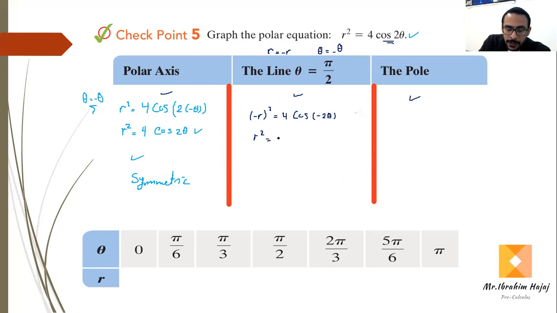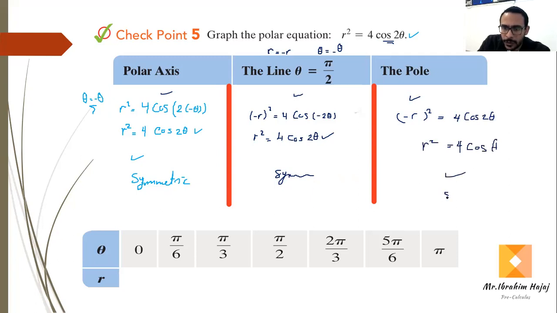Squaring gives r squared equals 4 cosine 2 theta, because cosine is even, so it's equivalent and symmetric. About the pole, we replace only r by negative r, so the right hand side stays the same, but the left hand side becomes r squared, so it's also symmetric about the pole.